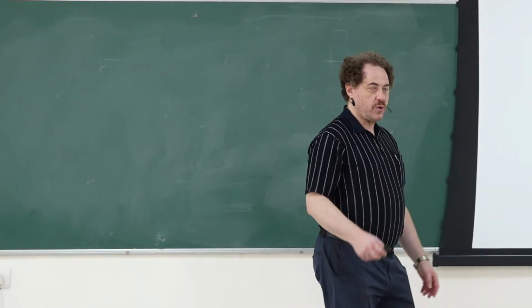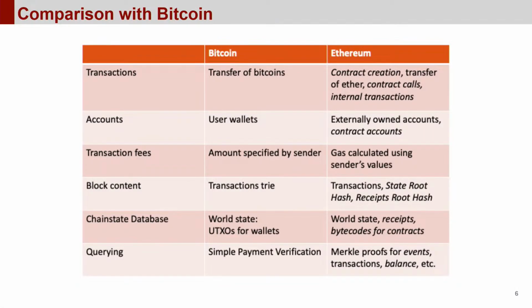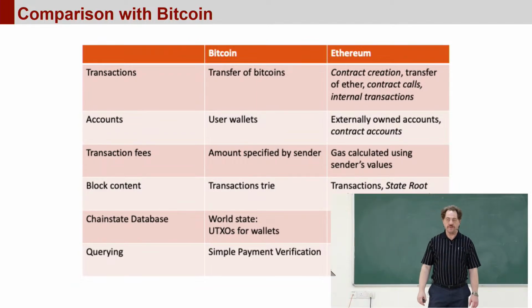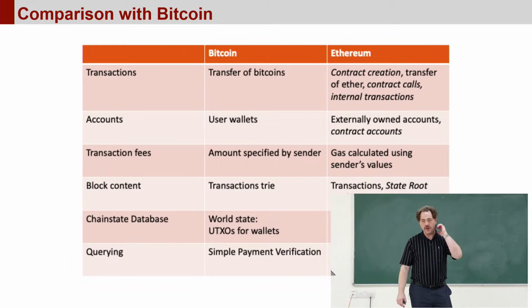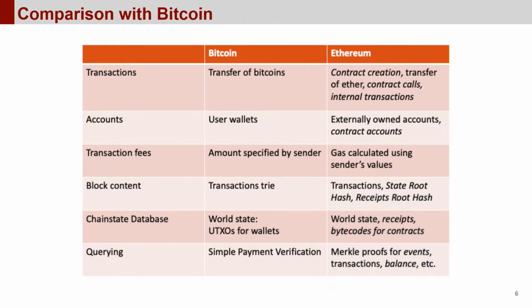Block content. So what does a block consist of? Well, we already covered this question in Bitcoin. In Bitcoin, there is a block header and there is a block body. And the block body is essentially a list of transactions, which are organized in a Merkle tree. It's more complicated in Ethereum, mostly because we need to store the state.